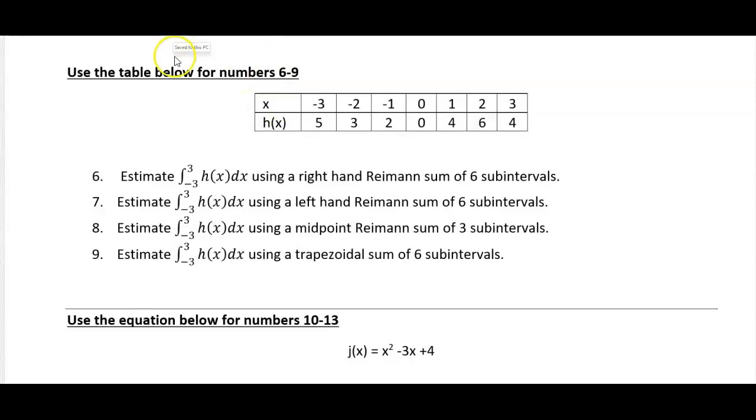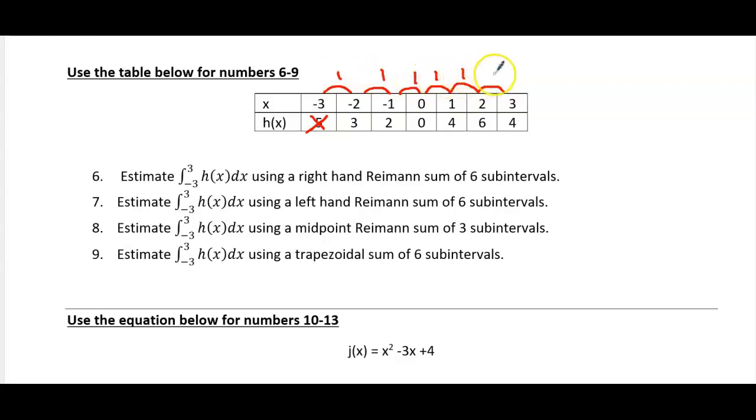Use the table below for numbers 6 through 9. All right, so it says estimate the integral of h of x from -3 to 3 using a right-handed Riemann sum of 6 intervals. So if we're doing a right-handed sum, we're going to be ignoring this leftmost value. We're going to be finding each of these values, which will represent the bases of our rectangles.